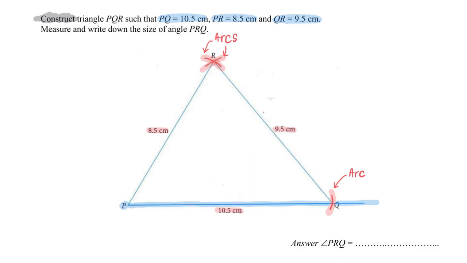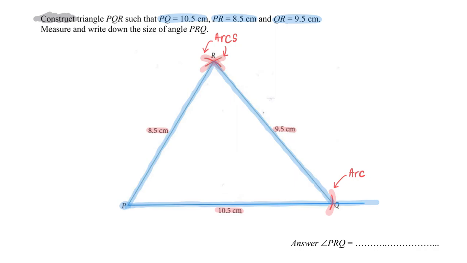And that will be our point R. And using a ruler, do join this point R with P and with Q to complete this drawing.